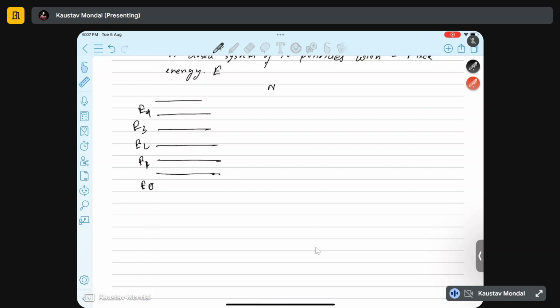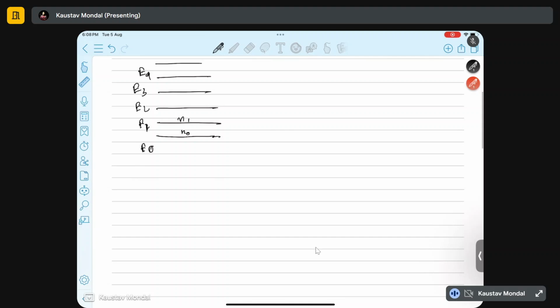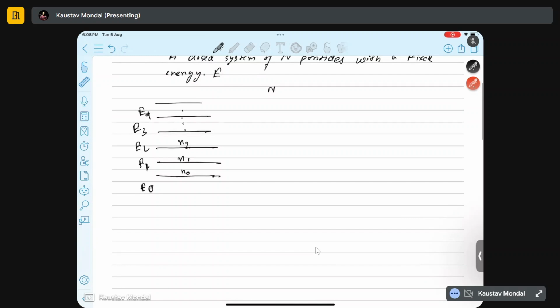Out of N, let's suppose N0 number of particles were in E0, N1 number of particles in E1, N2 number of particles in E2, and like that.